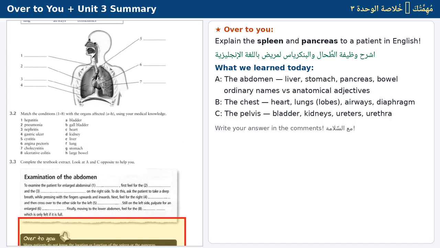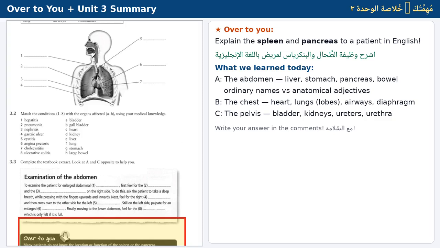Here is what we learned today in Unit 3, Parts of the Body 2. Section A, the abdomen. The main organs are the liver, stomach, pancreas, spleen, kidneys, and gallbladder. We also learned the anatomical adjectives hepatic, gastric, renal, cardiac, pulmonary, vesicle, and bowel and intestine, and the patient-friendly term back passage.